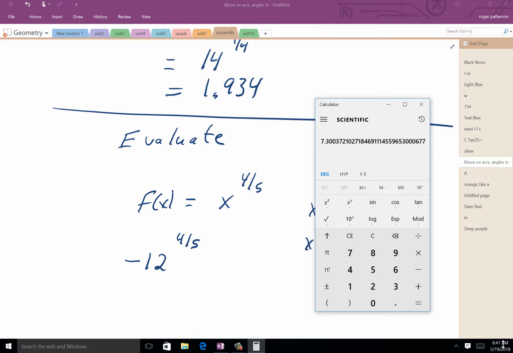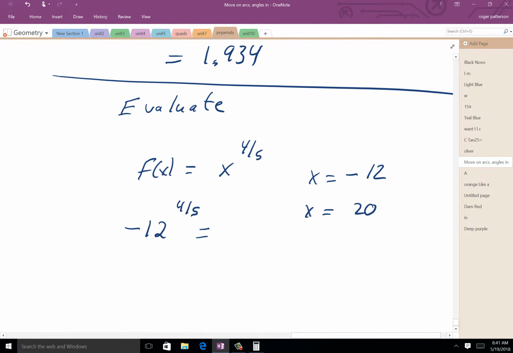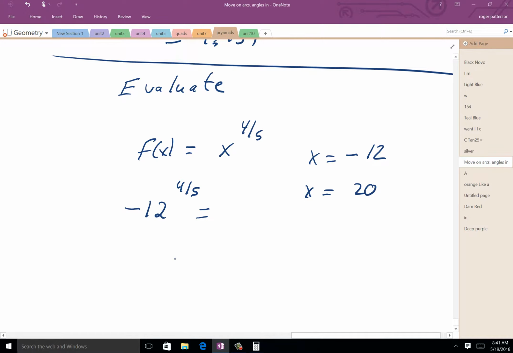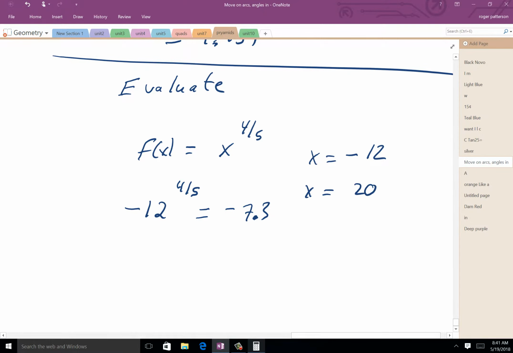First of all, it should be negative because it's a negative number. Now I'm not trusting this. Did anybody else try it in their calculator or Desmos? -12 to the 4/5. I don't think that's right, that should have been negative. Yeah, negative 7.3? Okay, that makes sense. Oh, I guess they wanted me to go to hundredths. Well, 7.3 is what it is anyway.